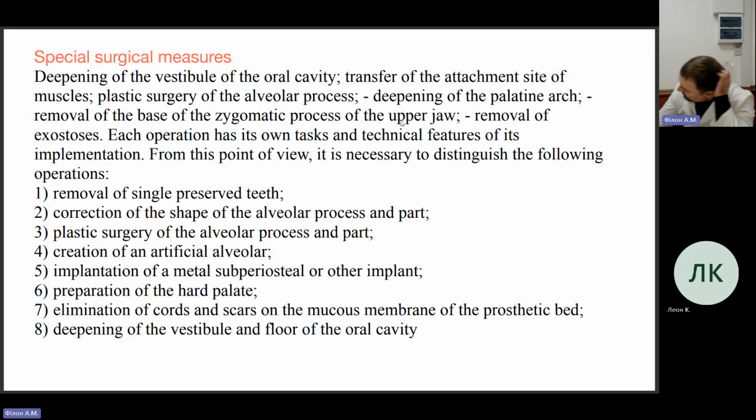It was about preparation, special surgical issues depending on the vestibule of the oral cavity, transfer of the attachment site of muscles, plastic surgery of the alveolar process, deepening of the palatine arc, removal of the base of the zygomatic process of the upper jaw, removal of the exostosis.